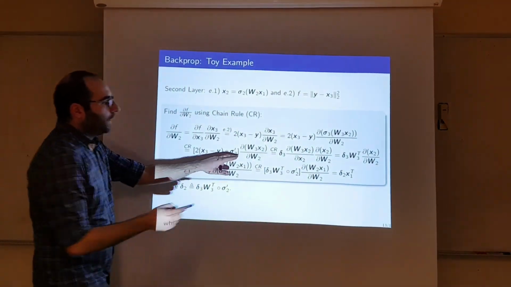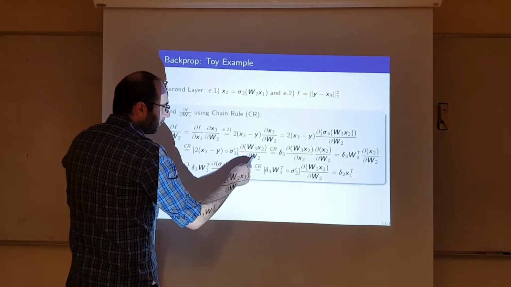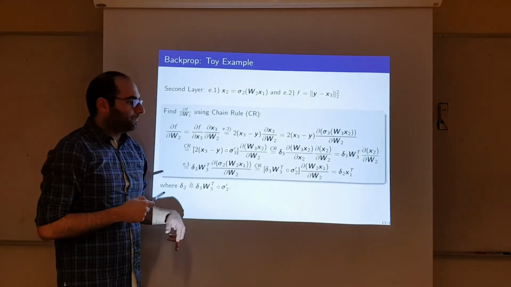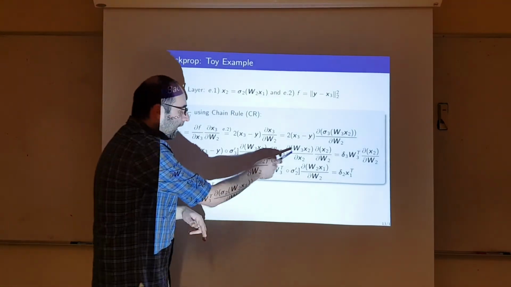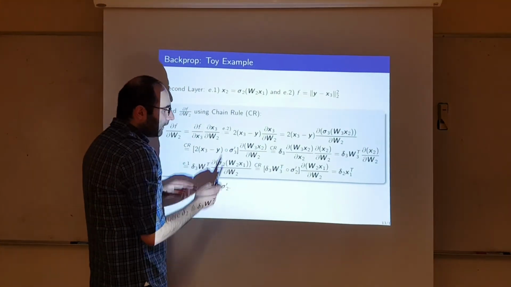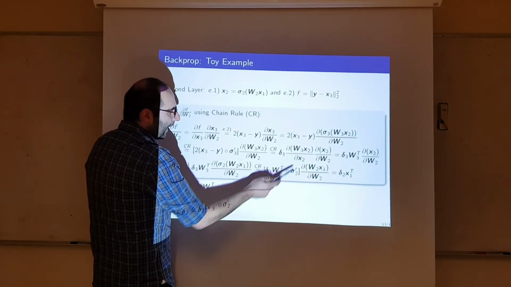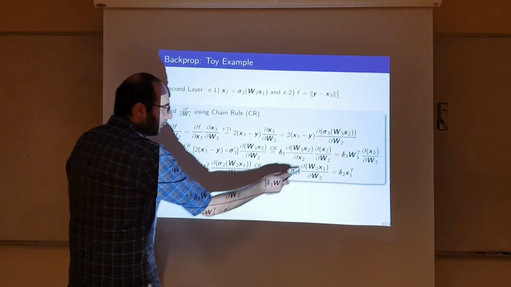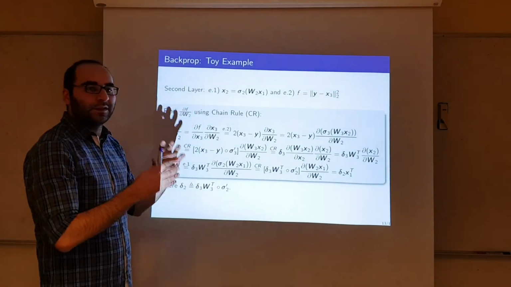We end up with the gradient of W3 x2 with respect to W2. And then we apply another chain rule with respect to x2, splitting this into two derivatives: the gradient of W3 x2 with respect to x2, and the gradient of x2 with respect to W2. This way we introduce the dependence on x2.